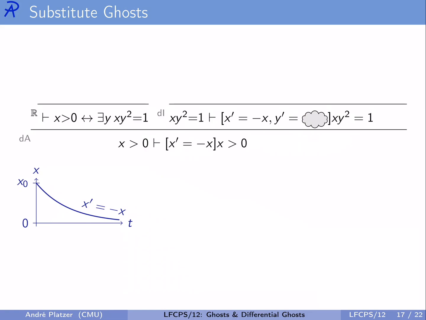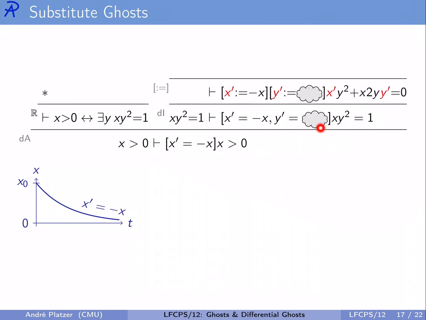What I do know is that the next step I would like to do here is to use the differential invariance proof rule. Well, that will give me, after you refer to over here proofs, that x prime y squared plus x 2y y prime equals 0 for a discrete shadow of the differential equation system we already know, plus a discrete shadow of the admittedly nebulous differential equation.